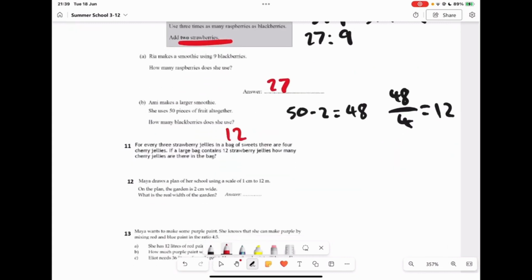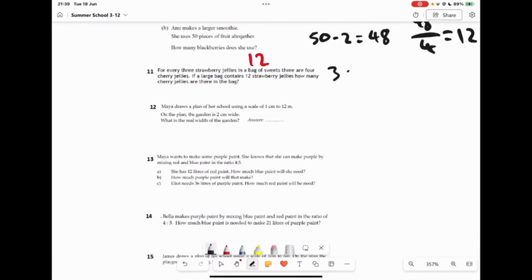Then for question 11. For every 3 strawberry jellies in a bag of sweets, there are 4 cherries. So we can write down that information. 3s, there is 4 cherry. If a large bag contains 12 strawberry jellies, so 12s, how many cherry jellies are there? So this is just multiplying by 4, so that will be 16.